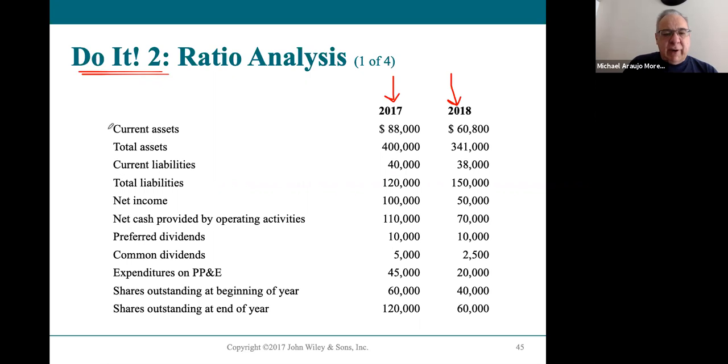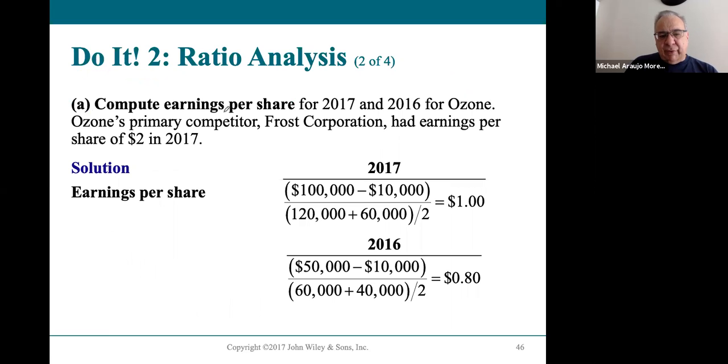So for your current ratio, you're going to need your current assets and current liabilities. For your debt to asset ratio, you're going to need your total liabilities and your total assets. And for your earnings per share, you're going to need net income minus preferred dividends divided by average shares. So just know what data you need to do things.